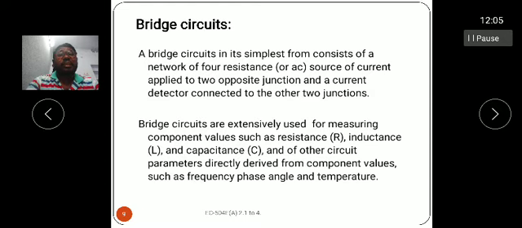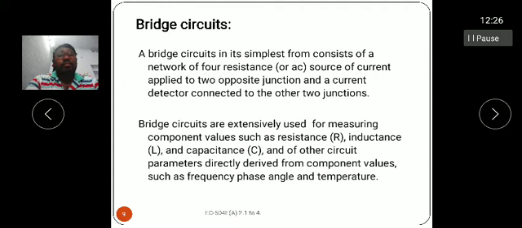That means a bridge circuit in its simplest form consists of a network of four resistors, a source of current applied to two opposite junctions, and a current detector connected to the other two junctions. This is the definition for the bridge circuit.